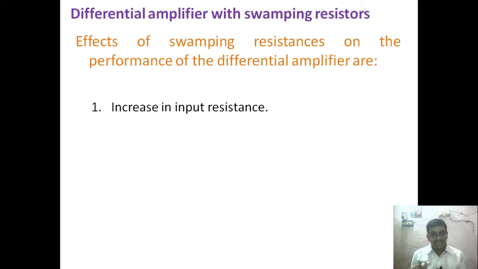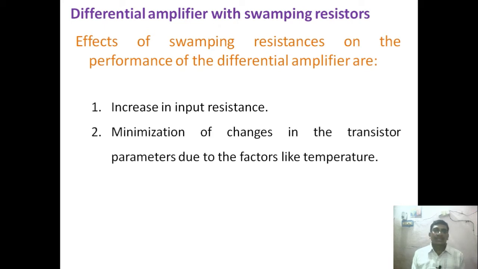If the input resistance is increased, then our amplifier circuit will not give a loading effect on the source. If our input resistance is less, then this circuit will load the source. So in order to eliminate the loading effect, the input resistance of any amplifier must be high, which we can achieve using the swamping resistors.